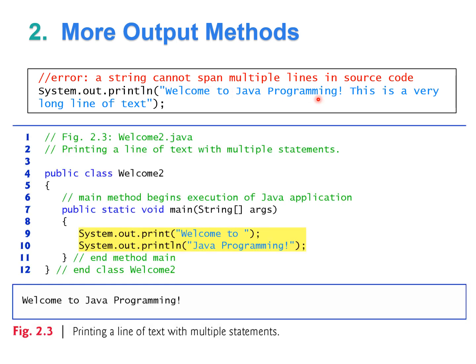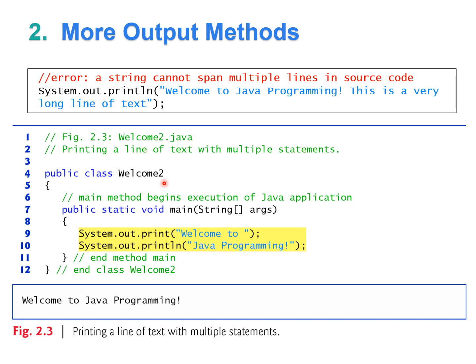One way to print a long line of text is to use multiple statements, where the last statement is println and all other statements are the print method of the System.out object. To demonstrate this approach, we modify our Welcome One program and save it as Welcome Two program.